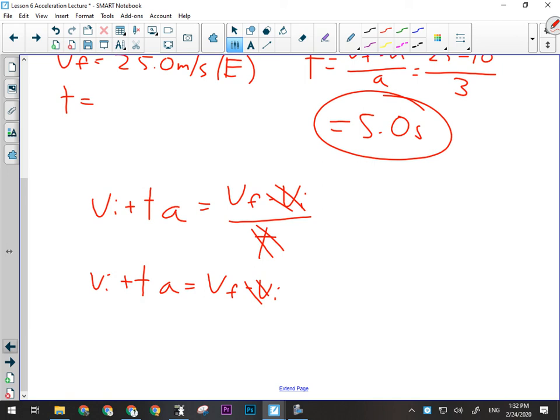And if I'm looking for VI, sorry, I said that wrong, I should take the final and subtract the change, right? If I take the final, subtract how much I changed it by, that should give me VI. So if I was looking for VI, it would be VF minus T times A. Those are our manipulations.